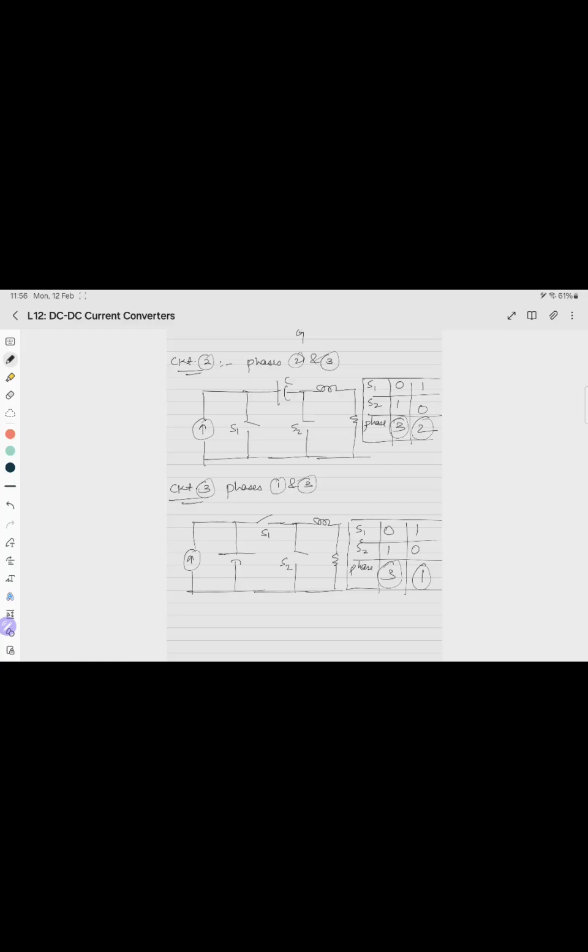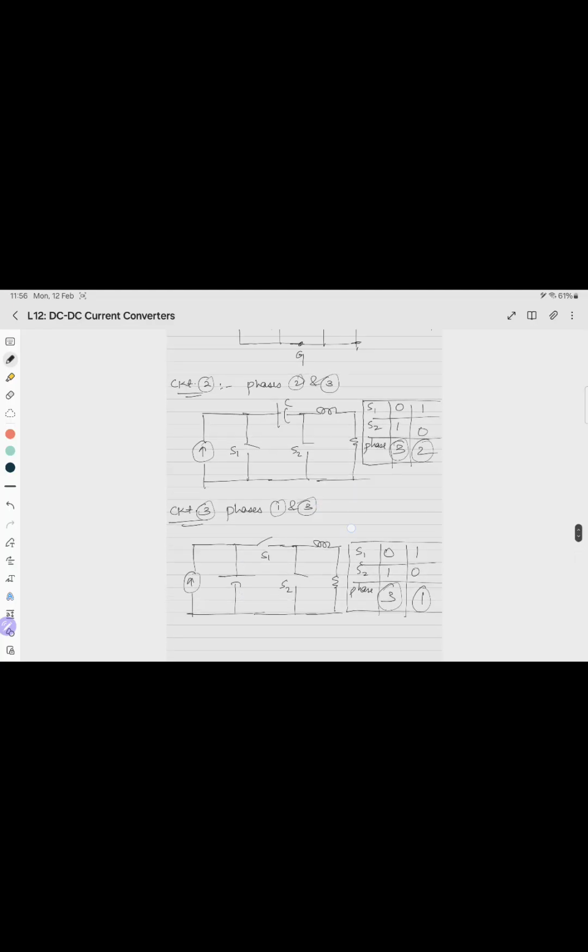Now we can use the principle of volt-second balance and amp-second balance for deriving the steady state. In DC-DC converters we used to find M of D, that is V0 by Vin. Now we'll find M of D as I0 by Iin.